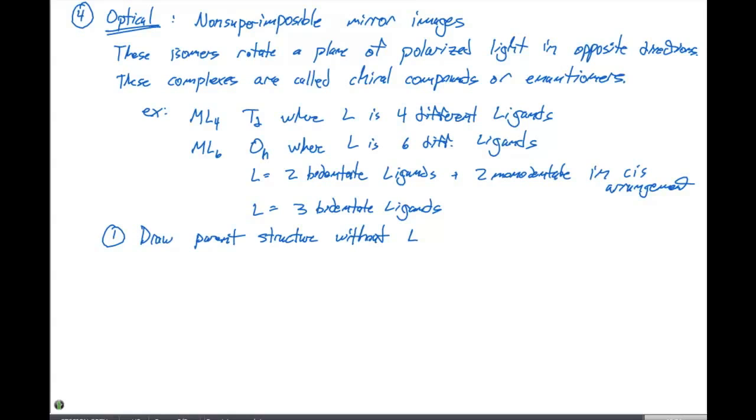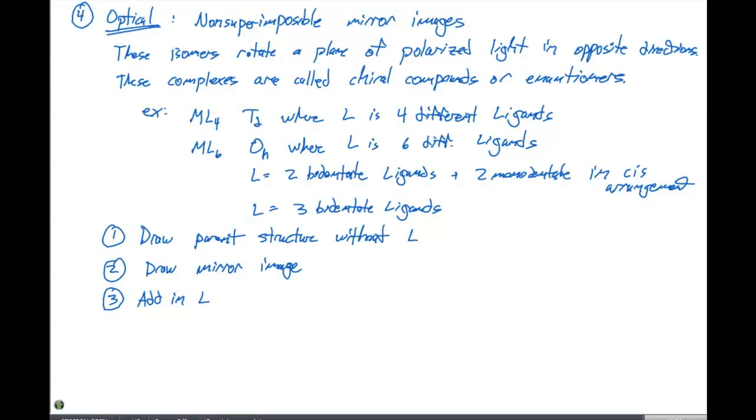And then after you have that, the second thing you want to do is draw the mirror image. And the third thing then would be to add in the ligands. And what I mean by that is the following.